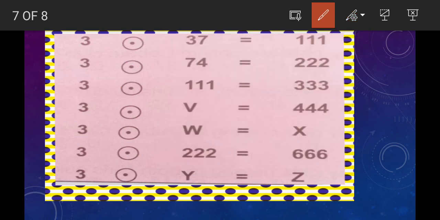Now, let's go to question number 4, which has 3 times v is equal to 444. You can get it in 2 ways, but the simplest way is simply to divide 444 by 3, and 444 divided by 3 will give us 148.